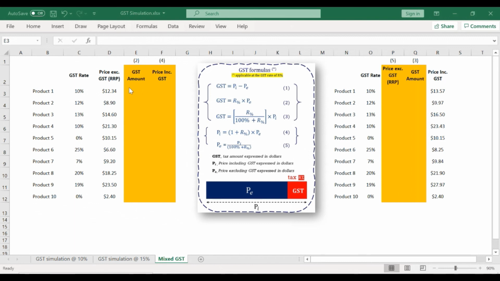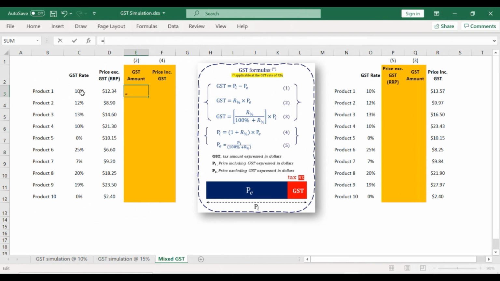Let's start with cell E3, the GST amount. To calculate the GST amount when the tax rate is given and so is the price excluding GST, it's simple. We use formula number 2. I put the formula right at the top for you here so you would remember. So we simply go up here and say, okay, it's the tax rate. And again, we should not hard code it.